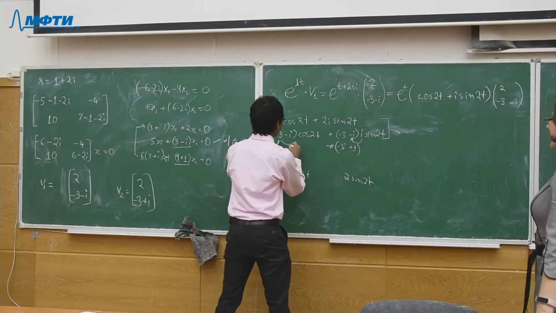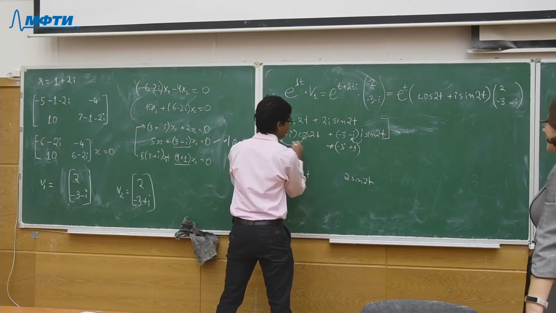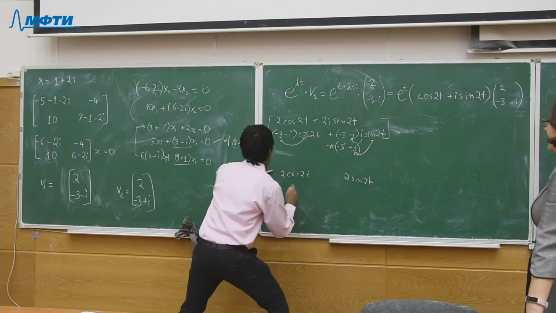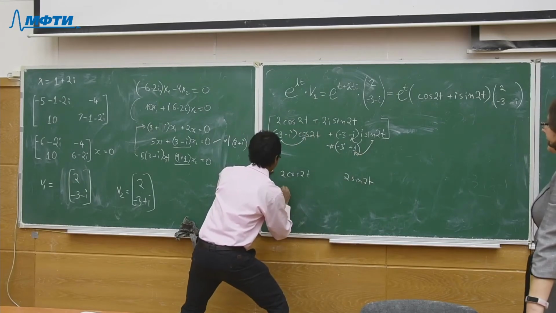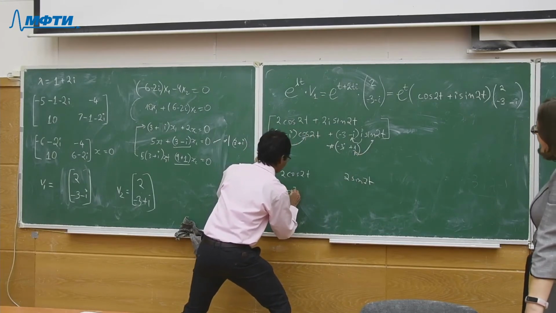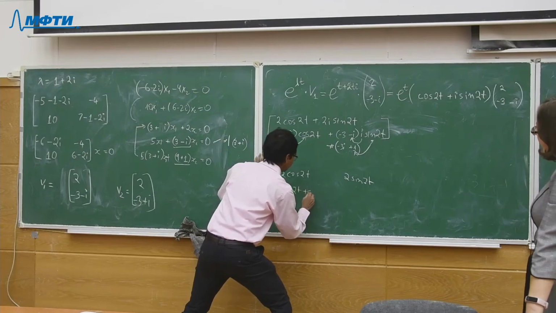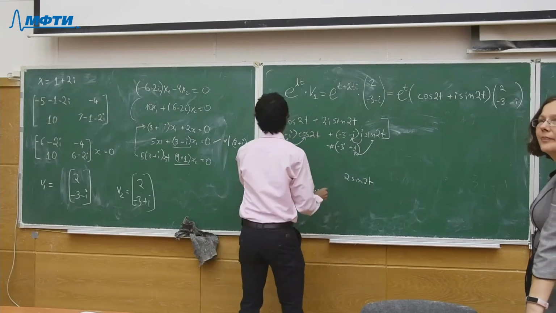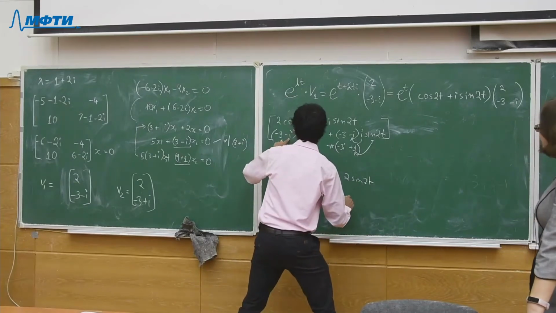And the second component, right? Minus 3 cos 2t, and plus sine 2t, correct. Over here, minus cos 2t.